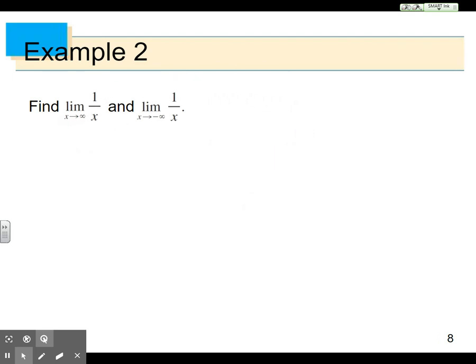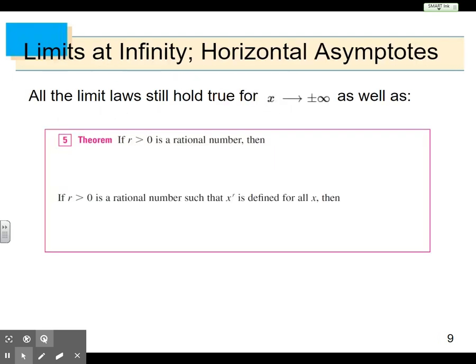I should have a theorem coming up on that. I don't know if I'm going to do another example. First of all, I want to make sure you know that all limit laws for limits at infinity hold true. There were like 11, 12, maybe 13 limit laws that we had back in 2.2. Those all hold true whenever x is approaching infinity and negative infinity. However, I've got a couple to add. We've got an unnamed theorem here.